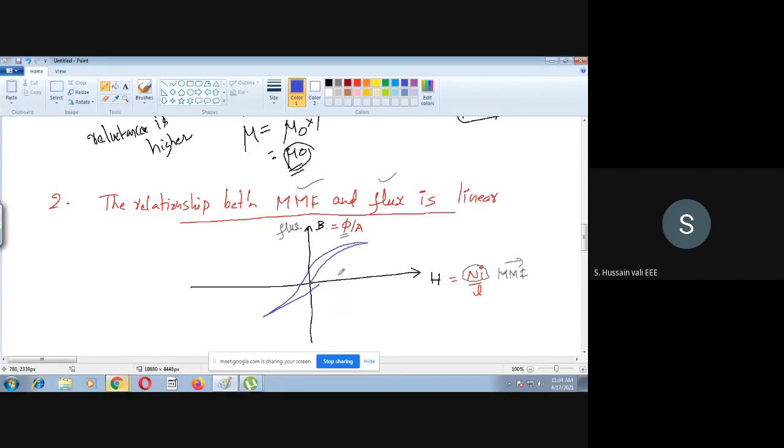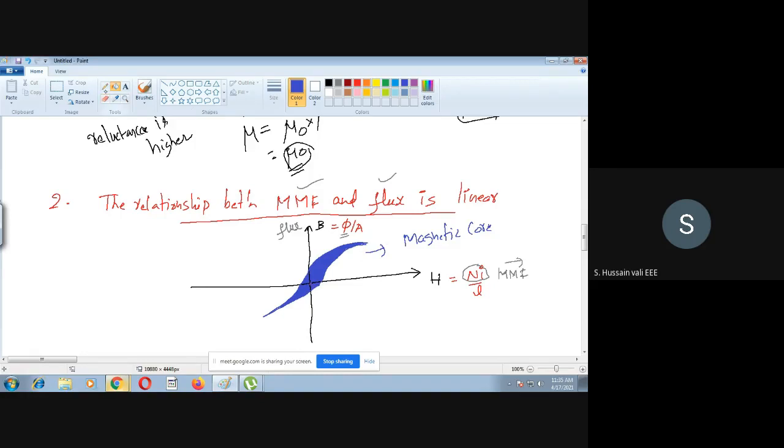Let me tell you one thing: this BH loop you have drawn for a particular magnetic core. Of course, you complete one cycle, then the next cycle comes like this, so a loop comes here. I will just fill this loop with some color, then you will understand it. Yes, this is a BH loop, which you might have studied or seen.